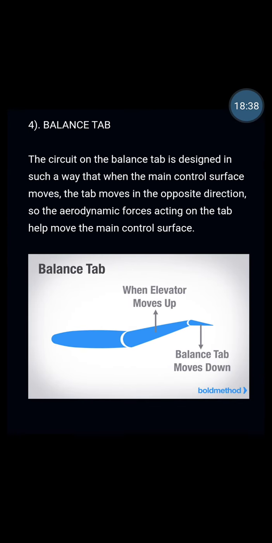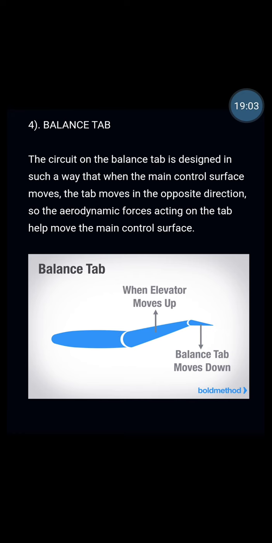4. Balance tab. The linkage on the balance tab is designed in such a way that when the main control surface moves, the tab moves in the opposite direction.